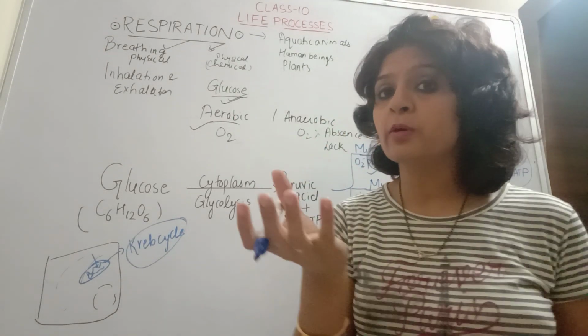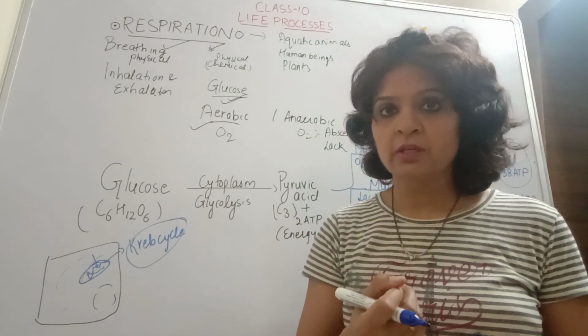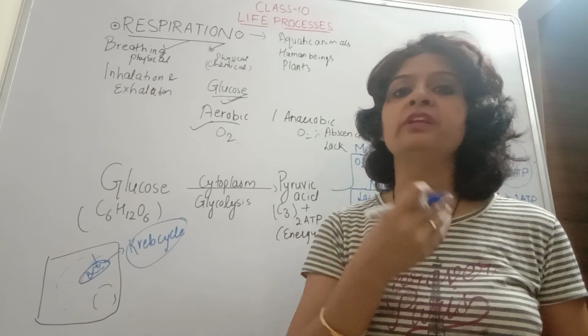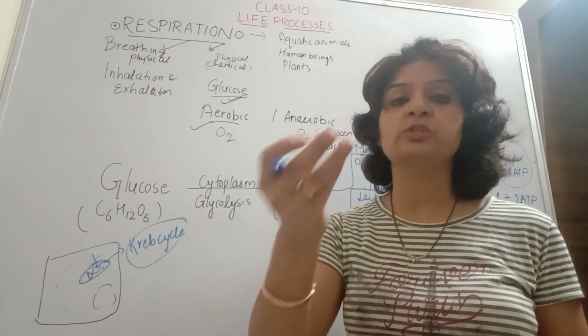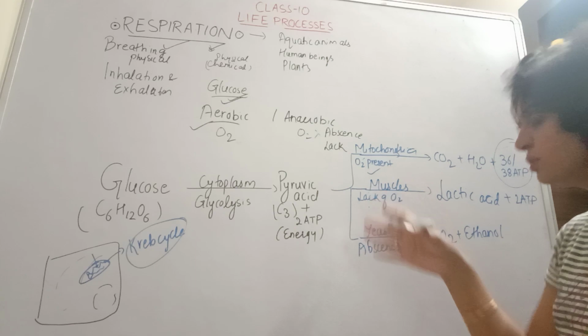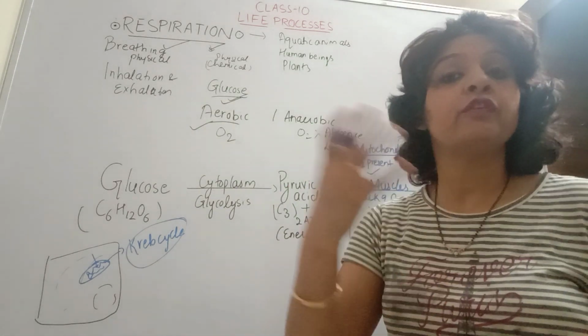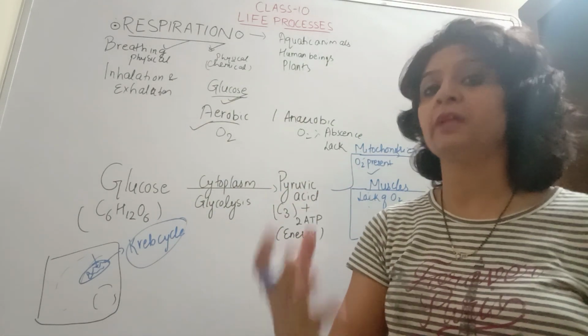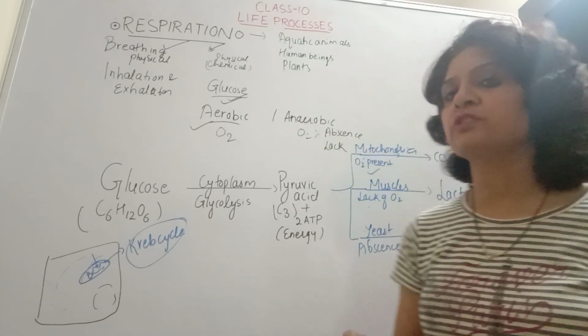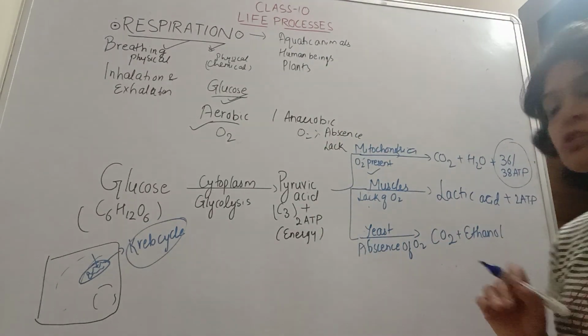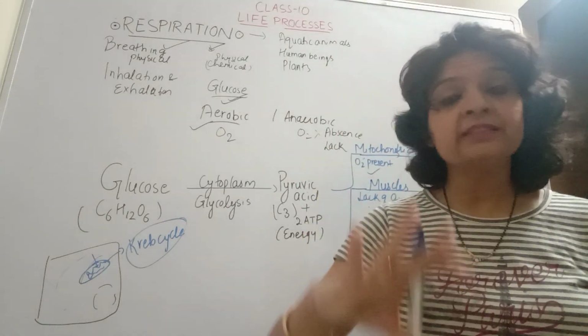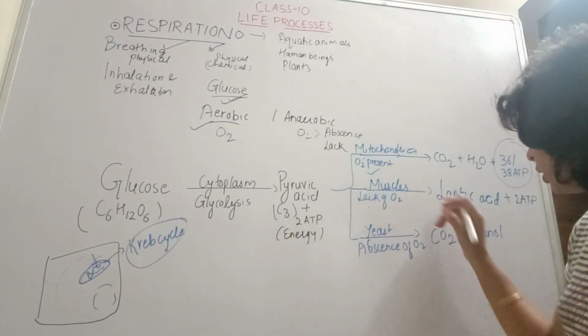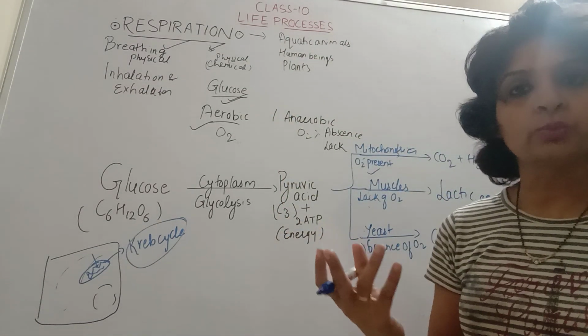You would have heard about the baking industries, and the brewery industries, that is, the industries which make alcohol. They use this yeast for fermentation. That fermentation process, which takes place in the absence of oxygen, results in the formation of ethanol. The raising of the dough is all due to the release of CO2.